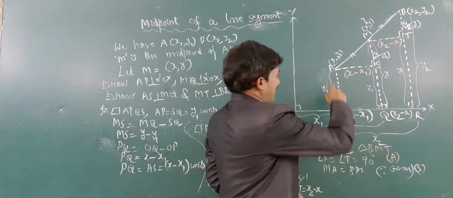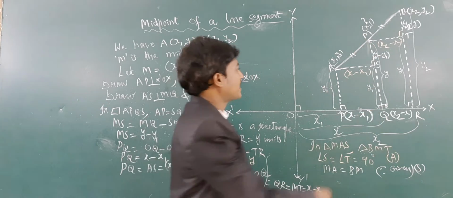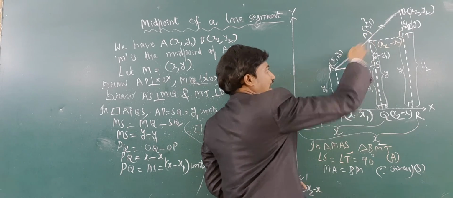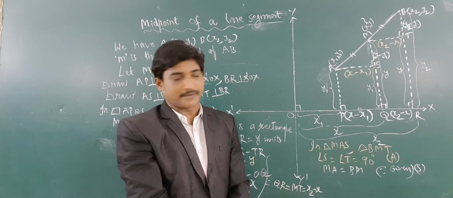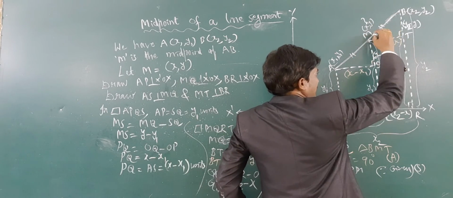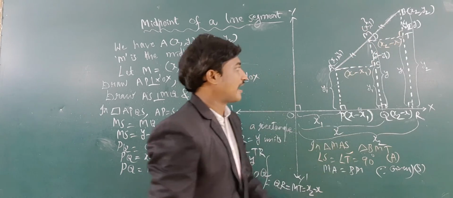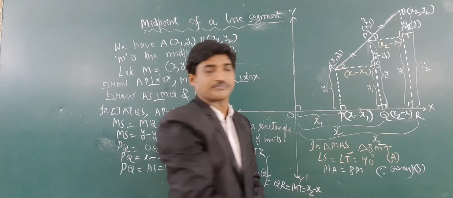So AP and MQ are parallel, and we can treat MA as a transversal. Then angles BMT and MAS are corresponding angles.